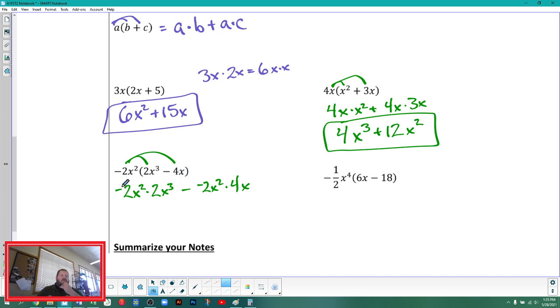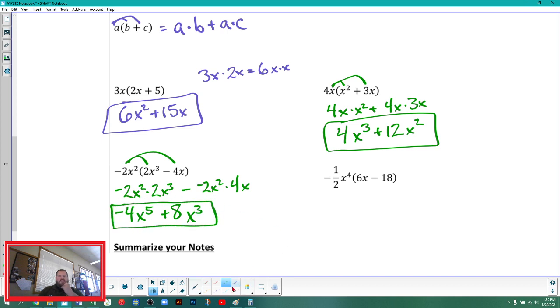Negative 2 times 2 is negative 4. x to the second power times x to the third power is going to take us to x to the fifth power. This one I'm going to have negative 2, so I'm just going to switch that to a positive. 2 times 4 is 8. x squared times x is x cubed.